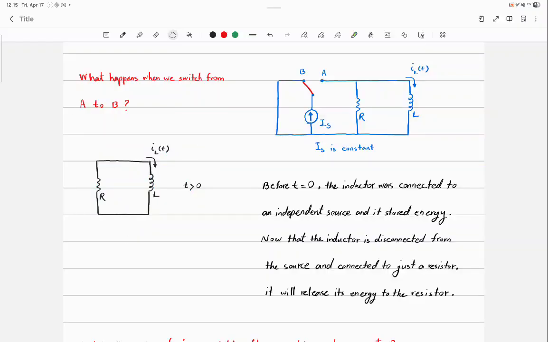Any problem with that so far? See, the left part of the circuit is still there, okay? But it's not connected to my inductor. So if I'm interested in finding IL, it's not going to be affected by IS. Yes?